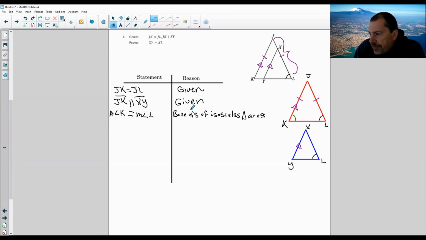What else do we have? Now we can say the measure of angle K is equal to the measure of angle XYL, which is right here.